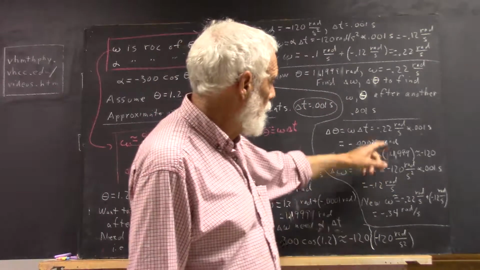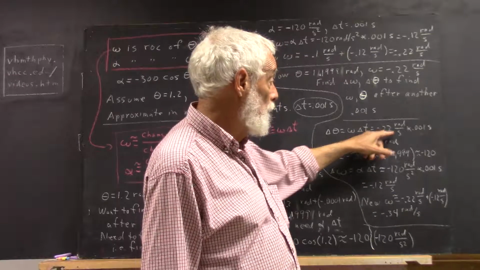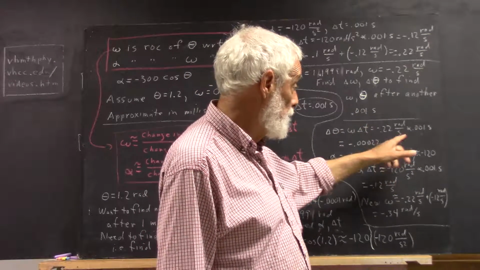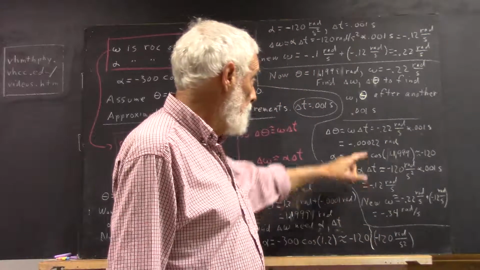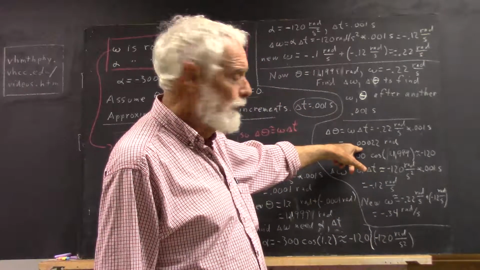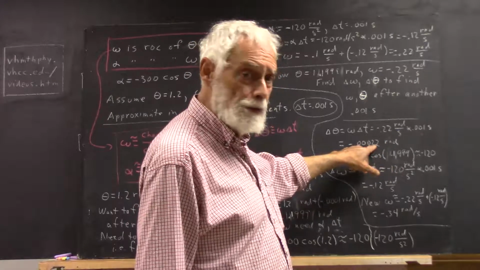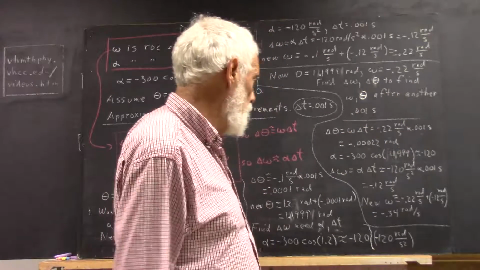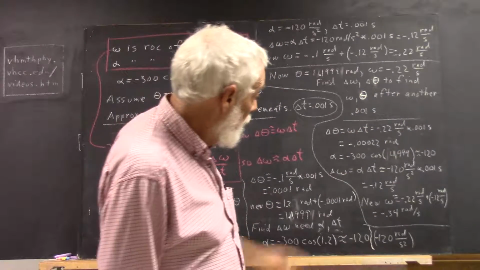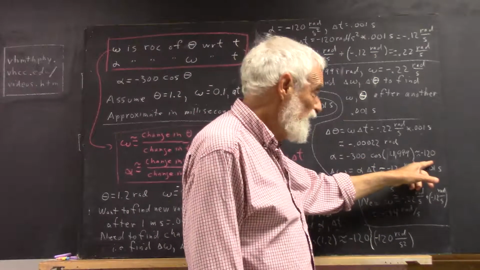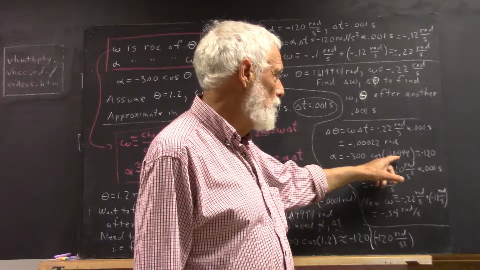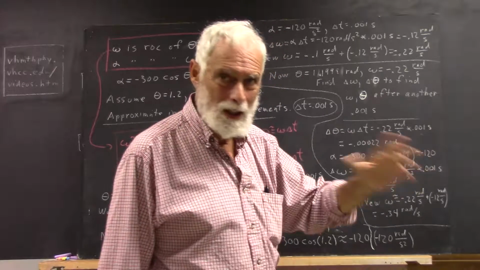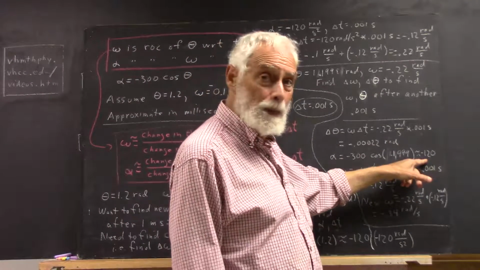Okay, we multiply our new negative 0.22 radian per second angular velocity by the millisecond, and we get still a really small number of radians, but it's more than twice the change we had before. And alpha is now still about negative 120 because 1.2 and 1.1999 are almost the same angle, and this is very approximate anyhow.